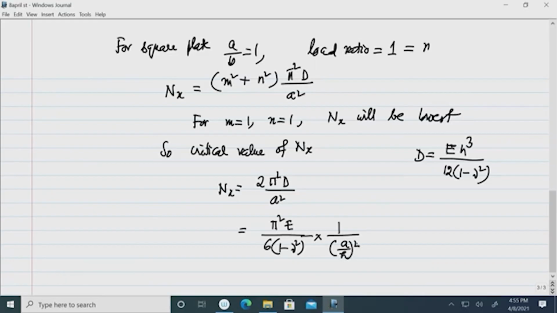So, this is the critical load, this is not the critical load, I should call it critical stress. Okay. So, critical stress is obtained like that, and now by substituting the numerical values, one can calculate the critical stress for this plate. Okay.